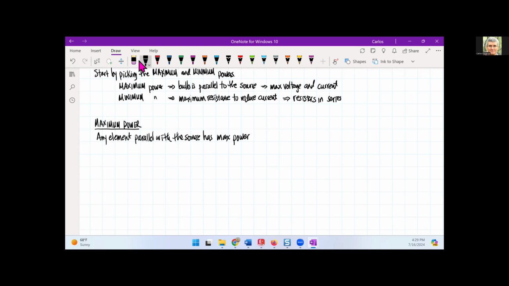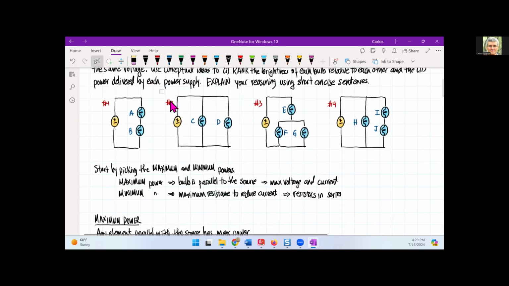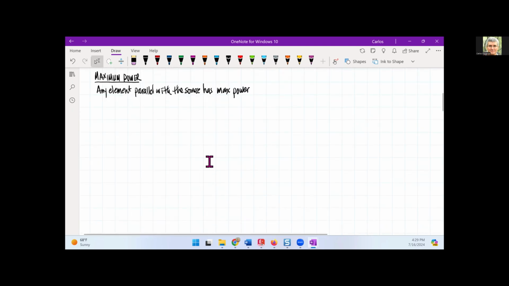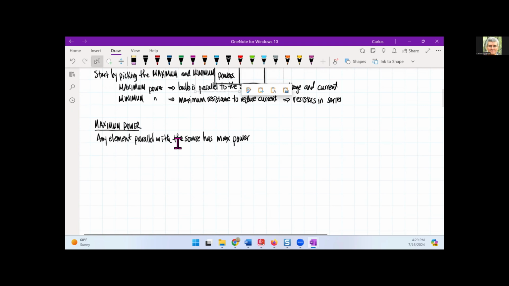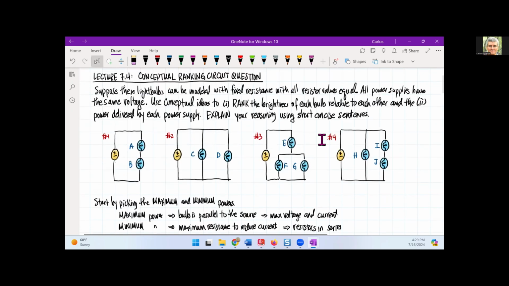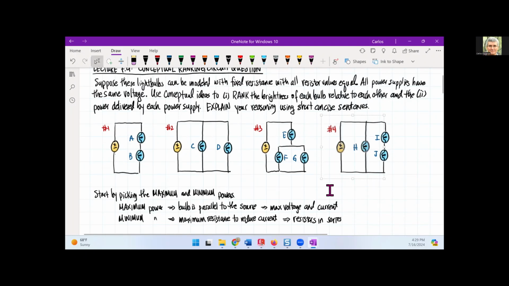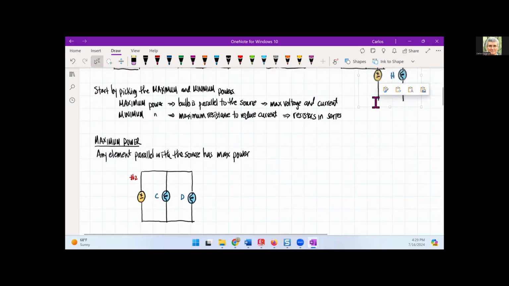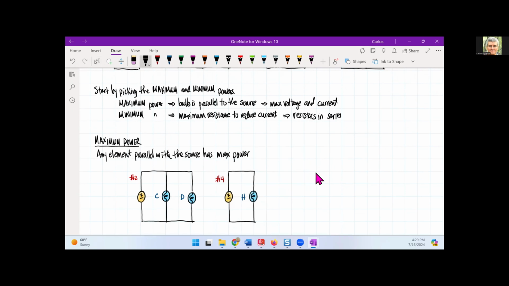And when I come up to the circuits here, you can see that I have circuit 2, C and D are in parallel. And the other element that's in parallel looks like it's going to be H. So if I come in here and I get H, you could see that these guys are in parallel with the source.